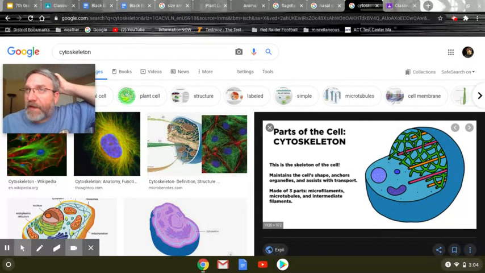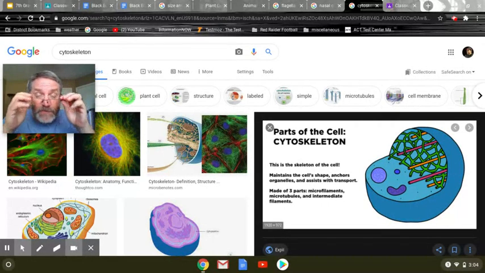If you think about it, your cell is way too small to have bones in it, so it's got to have something that helps support the cell. That is what the cytoskeleton does. Basically, it's a framework within the cell. Some of the classes got a little bit further than that today. We're going to stop right there and pick up with that spot tomorrow.